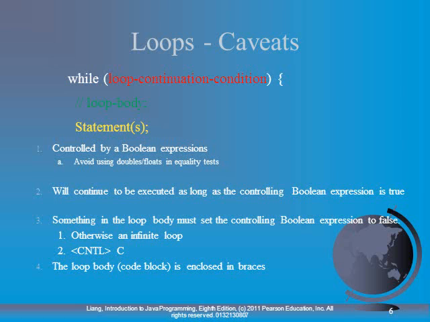Most of the time, you can manually stop your program from an infinite loop and break out of the loop by pressing the Control and C keys together. That's called the break key. When I reference the loop body, that's the same as the code block we mentioned earlier. The loop body or control block, code block, is contained in braces.